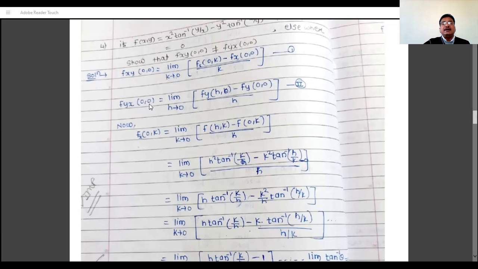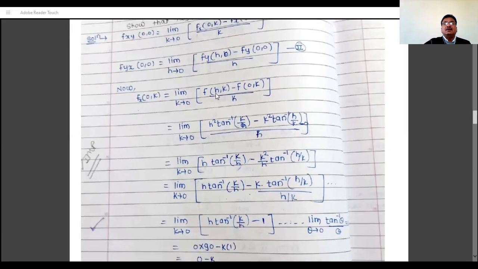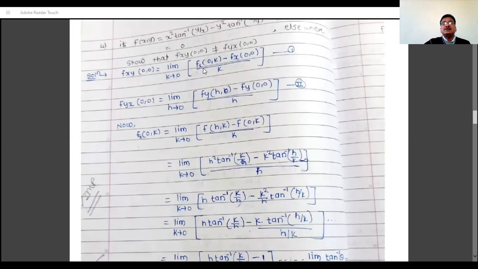Okay. And fyx(0,0) is what? The derivative of fy with respect to x is limit h tends to 0, fy(h,0) minus fy(0,0) divided by h. Or we can take the meaning of this as this, and the definition of fyx(0,0) as this. In some books the definition of this is given by this definition, and of this by this definition.